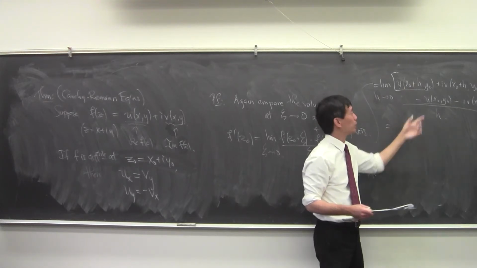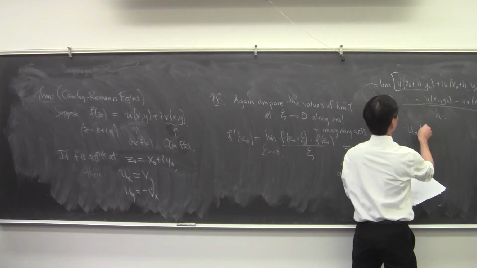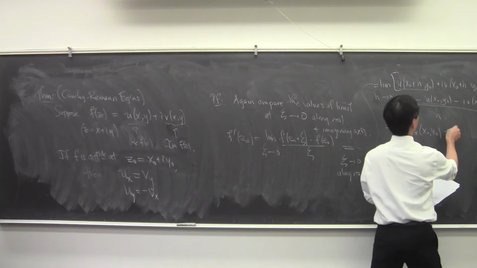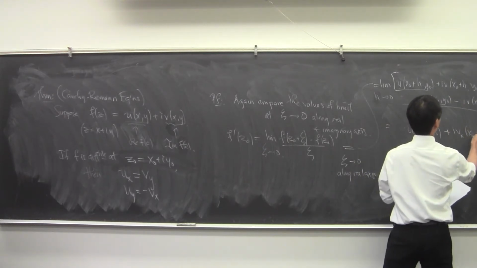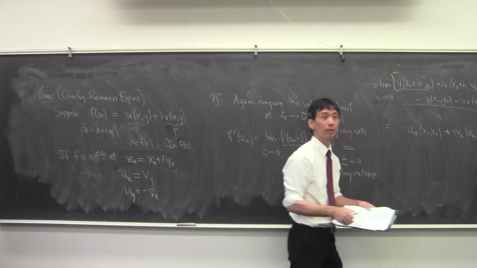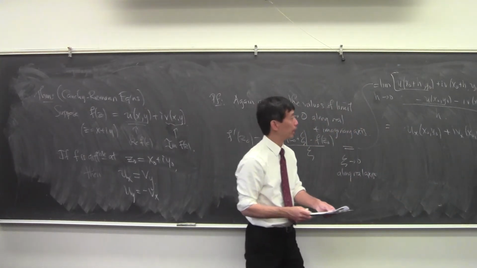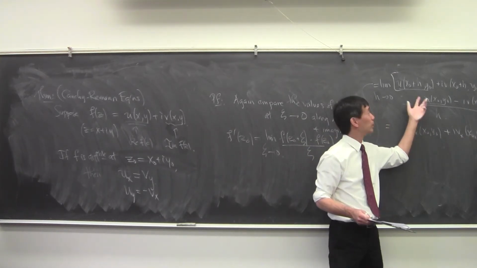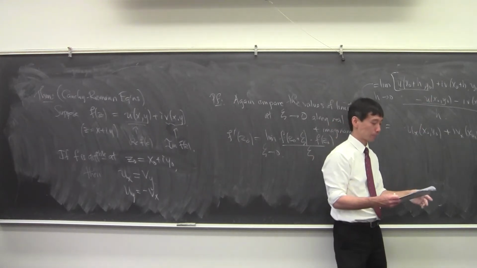You're taking u sub x at x naught, y naught, and you're adding on i times v's first partial at x naught, y naught. You get u sub x plus i v sub x at x naught, y naught, because you're just differentiating in the first variable.